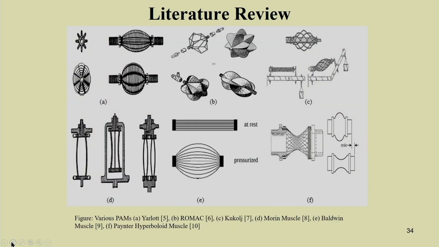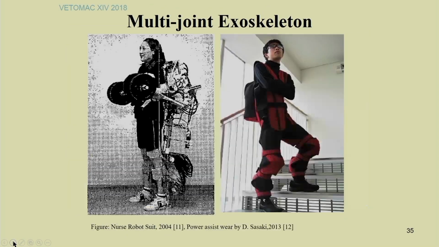There are several other muscles available, and some of them have been listed here. For example, the Yarlott muscle, ROMAC muscle, Kukolj muscle and Morin muscle, then the Baldwin muscle, and the Paynter hyperboloid muscle.